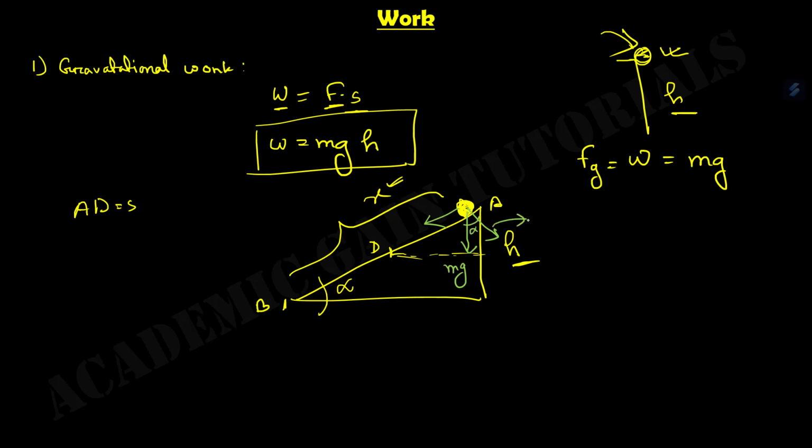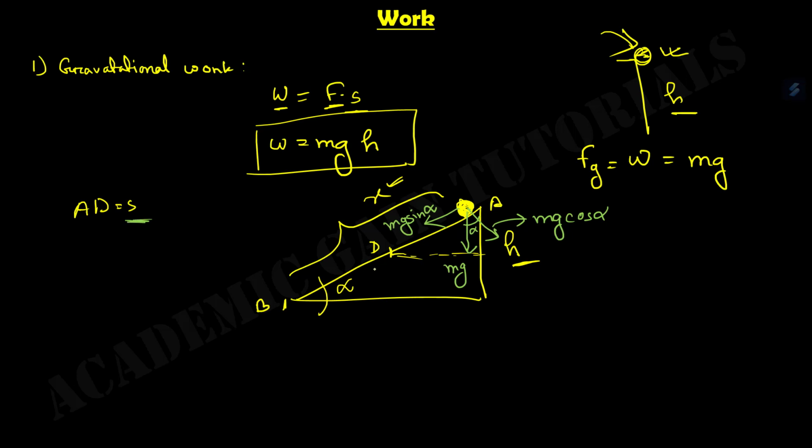The horizontal component is m g cos alpha, and the other component, which acts along the inclined path, is m g sin alpha. So our force is m g sin alpha, and the distance is s.